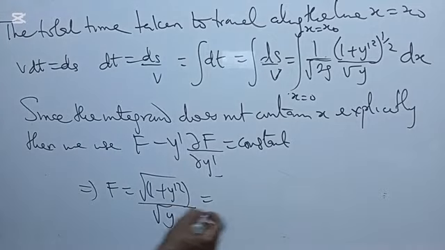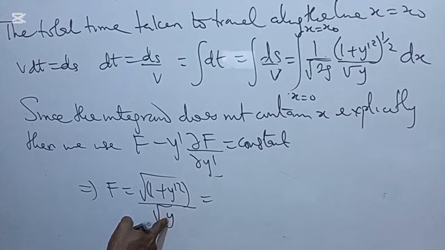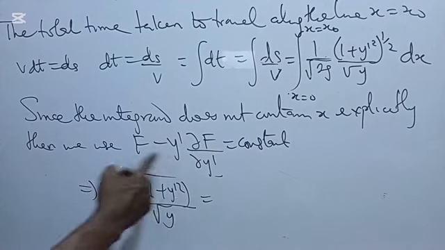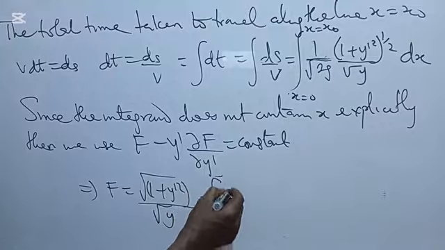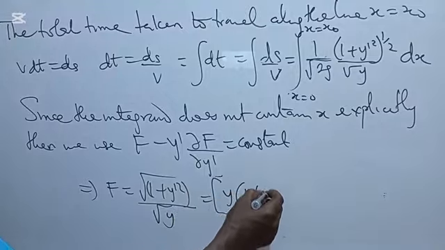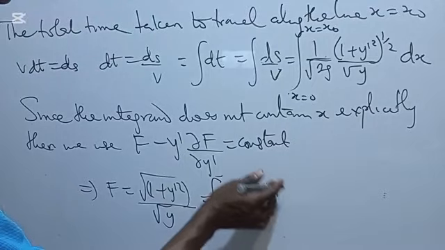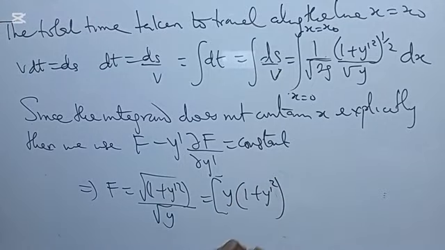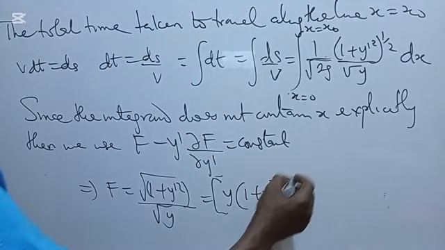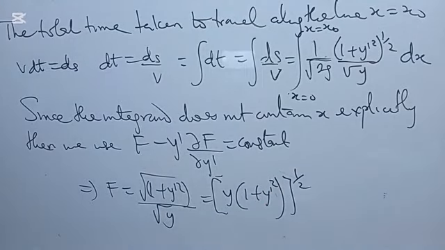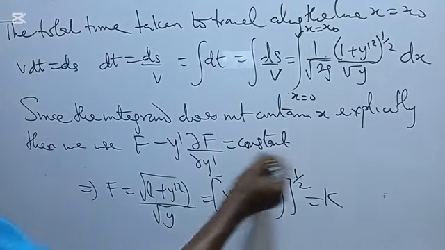So we can write this one as, by the time this comes up here, it's already raised by minus half, so it becomes y into (1 + y prime squared), everything raised to the half, dx, which is equal to k, from this constant.